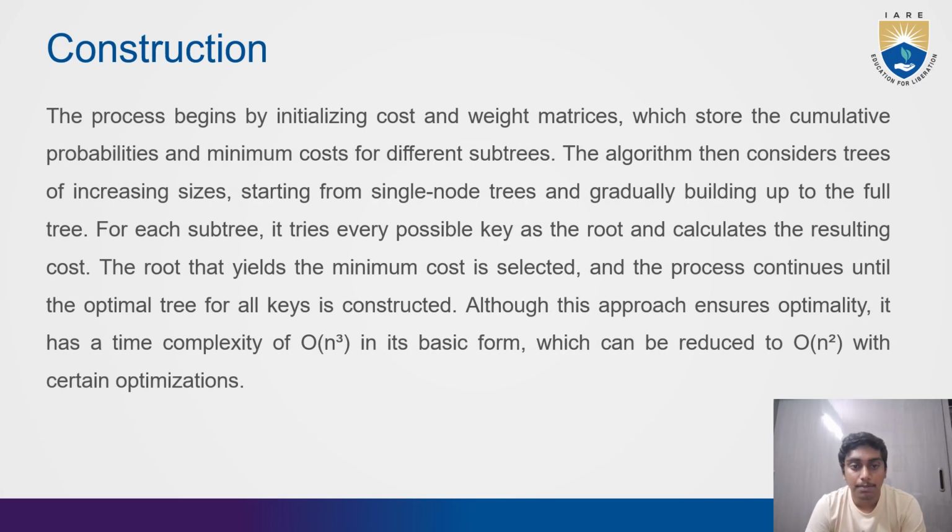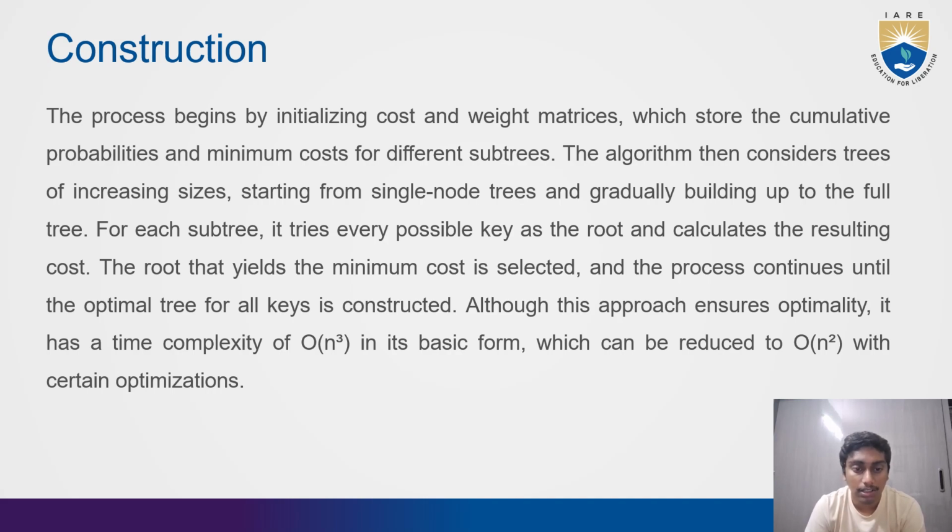The process begins by initializing cost and weight matrices, which store the cumulative probabilities and minimum costs for different subtrees. The algorithm then considers trees of increasing sizes, starting from single node trees and gradually building up to the full tree. For each subtree, it tries every possible key as the root and calculates the resulting cost.